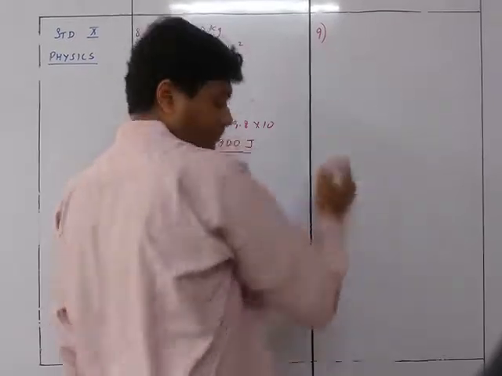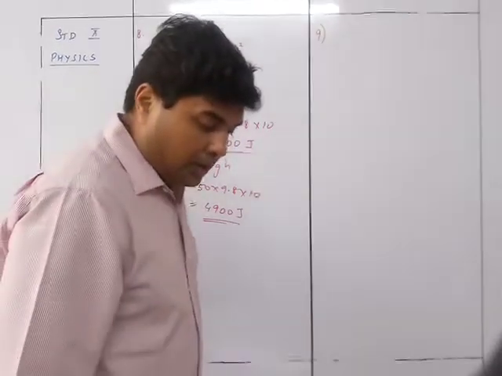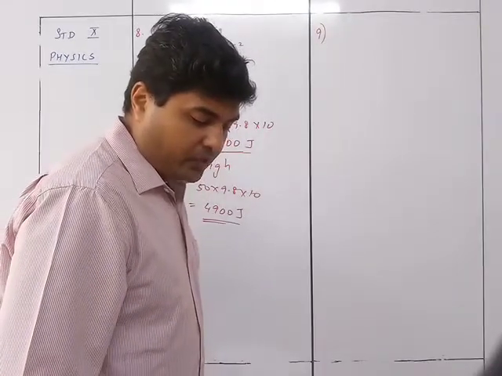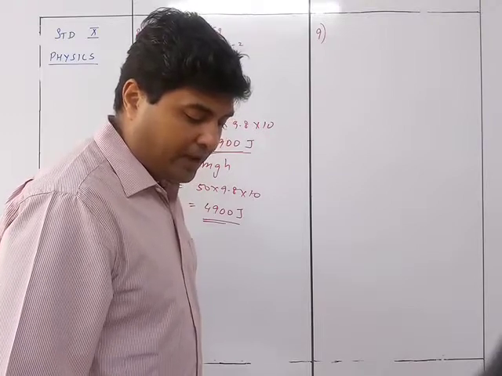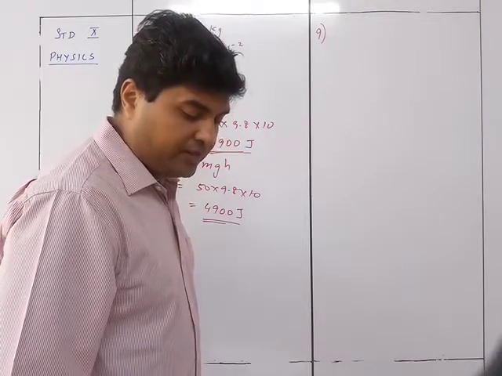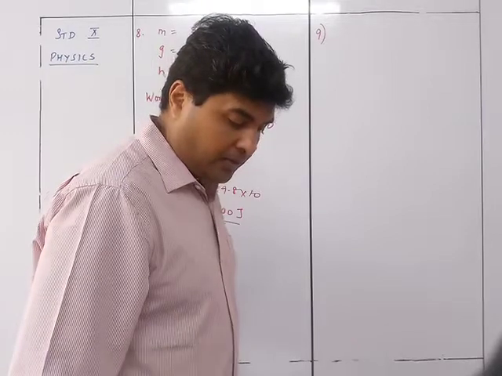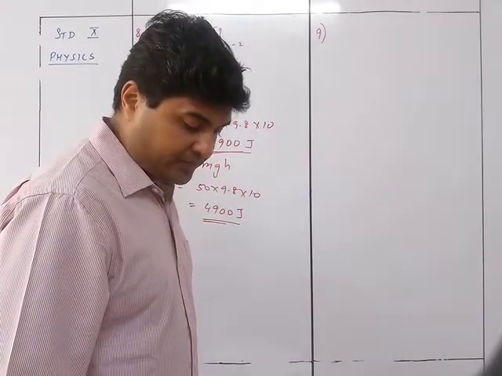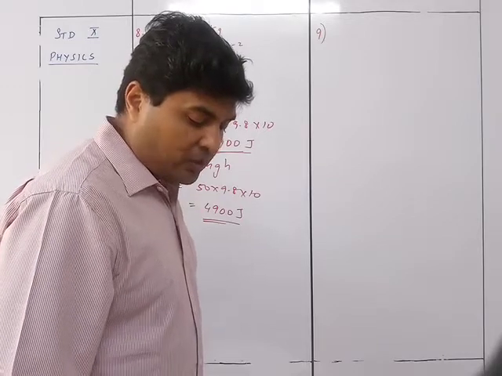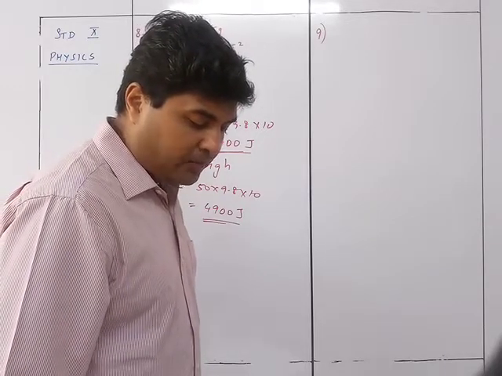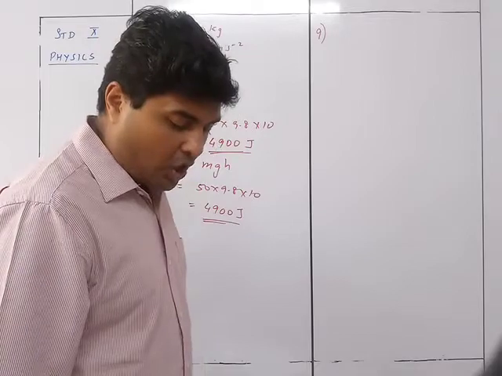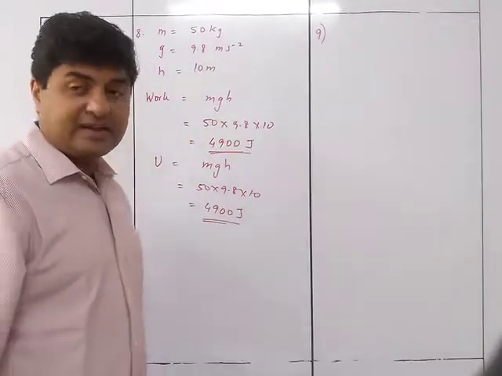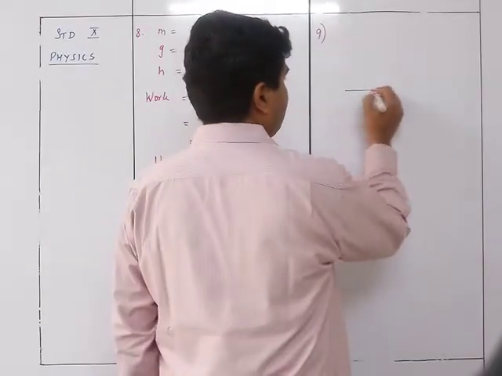Sum number 9. A block A weighing 100 newton is pulled up a slope of length 5 meters by means of a constant force of 100 newton as illustrated. What is the work done by the force F in moving the block A 5 meters along the slope? So the first thing is, okay, what we have is like this.